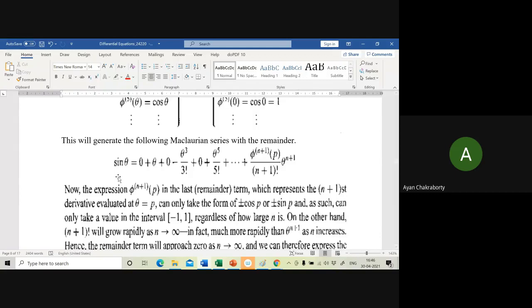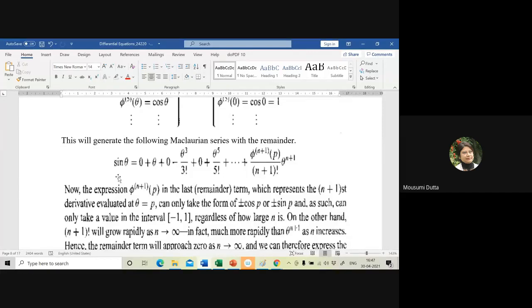Any function f, ma'am. My function here is a trigonometric function, sine theta, so what should I write on the left? Sine theta. Fine.